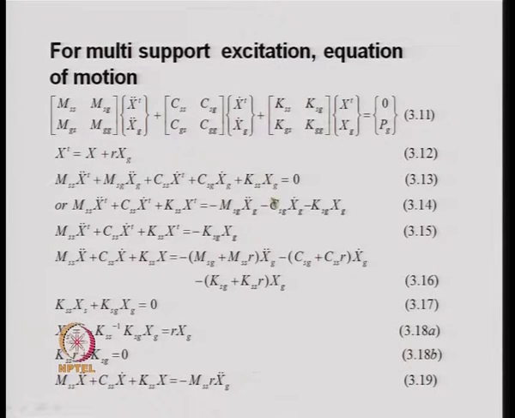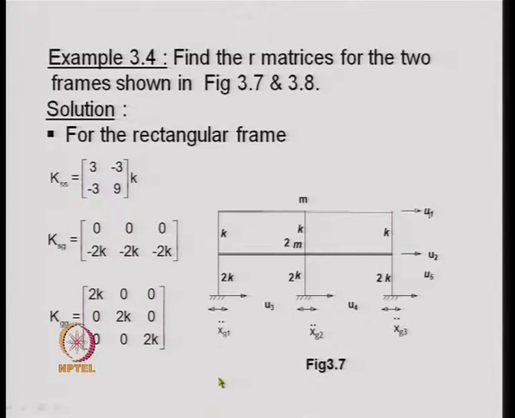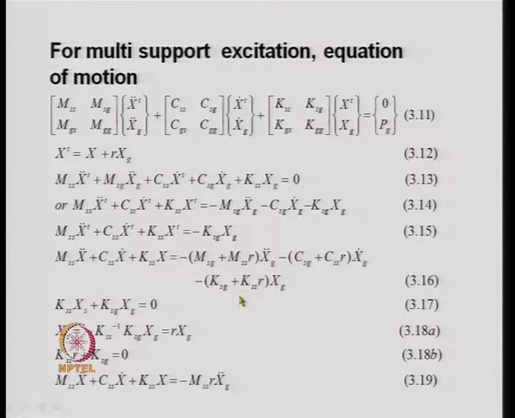On the right hand side, for this equation we require ground displacement to be specified at each support, whereas here at each support we must know the ground acceleration, and then we can solve the problem.